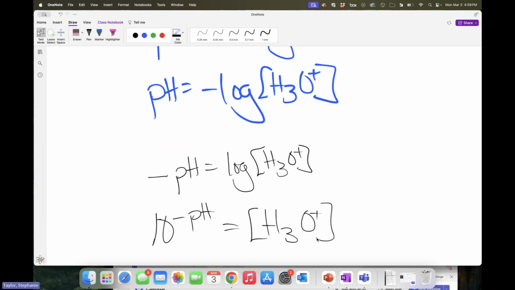So do keep in mind that the 10 to the negative pH is not listed on the information sheet because you should be able to go in and out of them. Just like we didn't give you how to undo the natural log, we're not giving you how to undo a regular logarithm. So just keep in mind that being able to go both in and out of those is important. And I will be doing more with the equations from chapter 17 in the follow-up video.